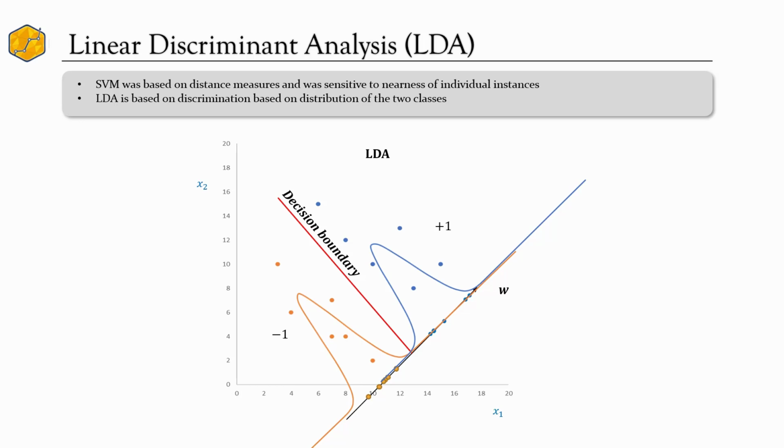But ultimately, we can work everything in terms of W. So the idea is to find the optimal W such that the projected distributions of the two classes are maximally discriminated, or they are farthest apart. All right, that's the goal of LDA.